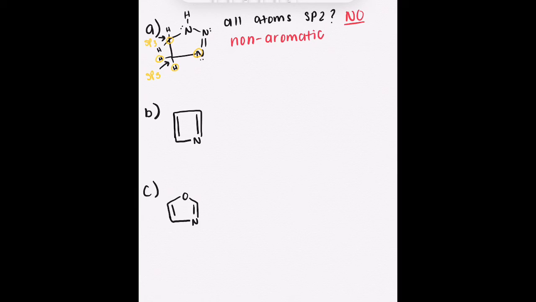Going on to example B, I'm going to put in the lone pairs on the nitrogen. The same question, are all sp2? Well, first I'll look at this one. This carbon is connected to a double bond, another carbon, and one hydrogen.